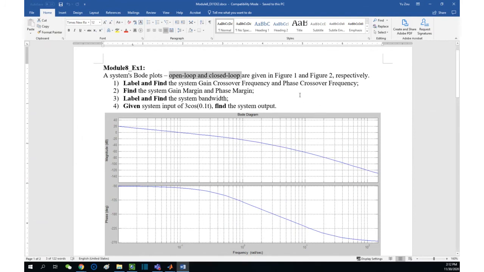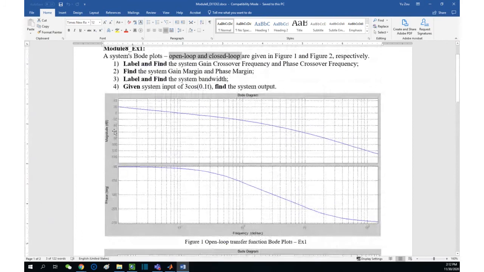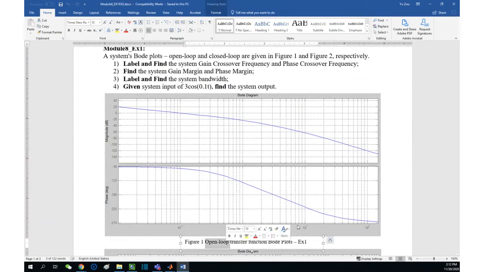They're respectively displayed in figure 1 and 2. So this is figure 1. In figure 1, once again, you have magnitude and phase, top and bottom. This is the open loop Bode.